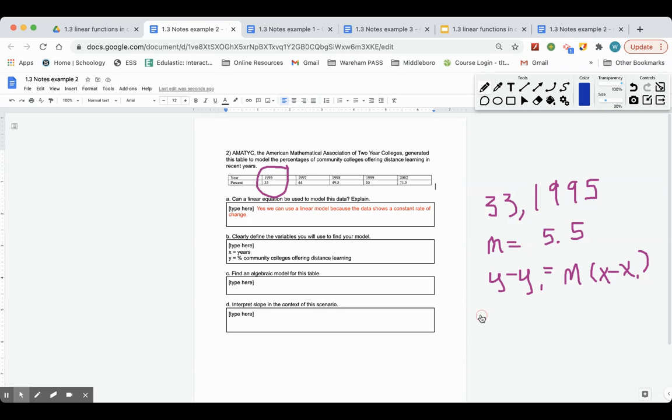All right, so we have y minus, here's the y I know, 1995, equals, I've got the slope as 5.5 times x, oh, got to put that in parentheses, minus the x I know, which is 33.